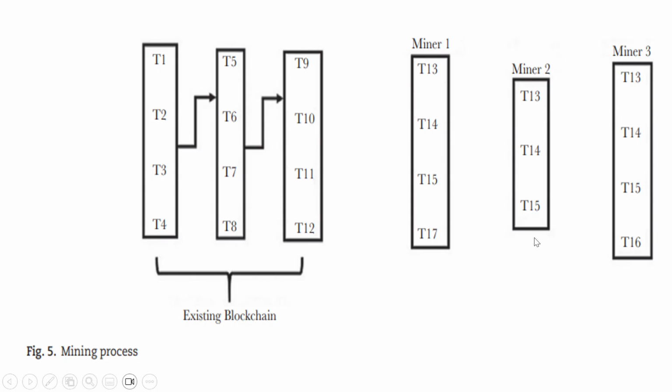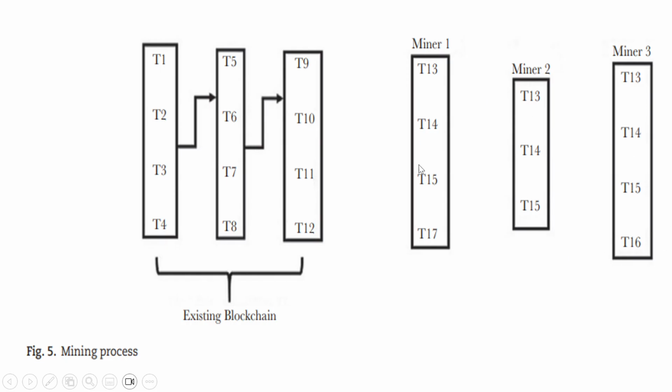Very interestingly, miner 1 and miner 2 are holding three same transactions, because all the miners are trying to catch the transactions in the blockchain network. So if these miners are part of the blockchain network, they may catch the same transactions. Similarly, miner 3 is trying to mine the block with transactions T13, T14 and T16.